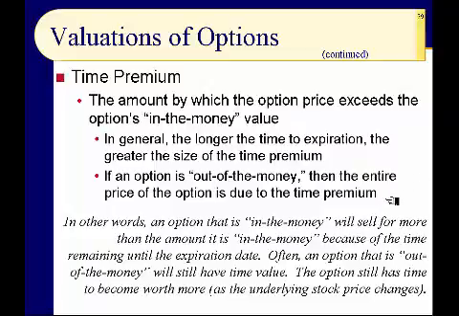In other words, an option that is in the money will normally sell for more than the amount it is in the money because of the time remaining until the option expiration date. An option that is out of the money still has more time because, who knows, the underlying stock price may change.